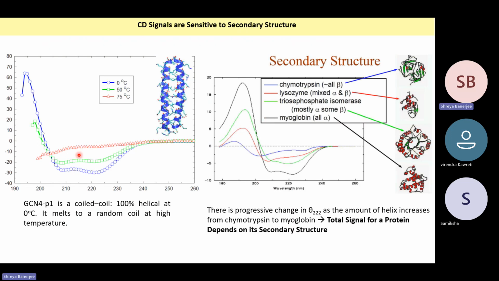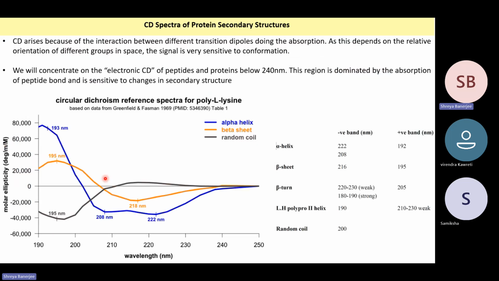Now you can see how the circular dichroism spectra change with temperature. At 0 degrees Celsius, this blue line, you can see it is characteristic of alpha helix. Now, as you increase the temperature to 75 degrees Celsius, the spectrum is like the random coil spectrum. In random coil, there was only one minimum at 195 nanometers.